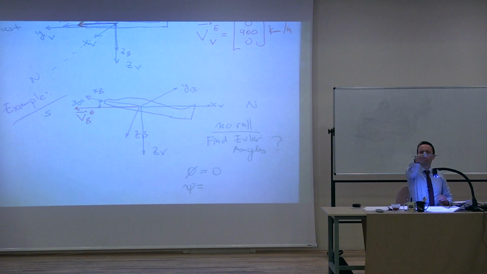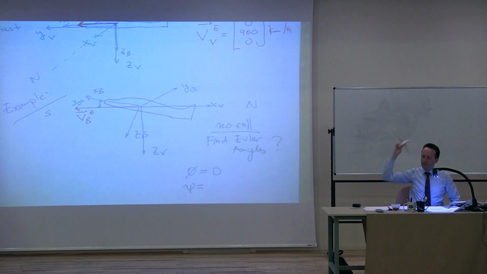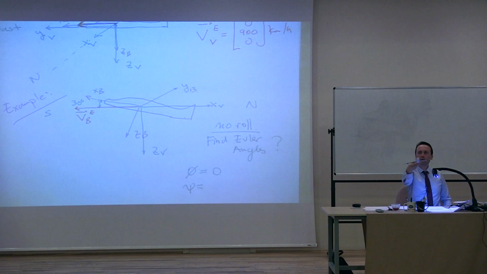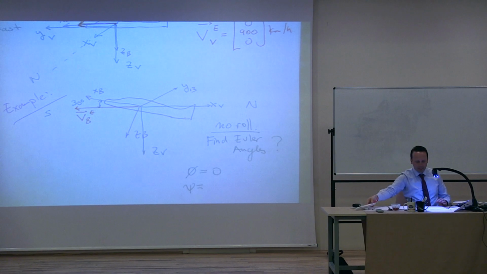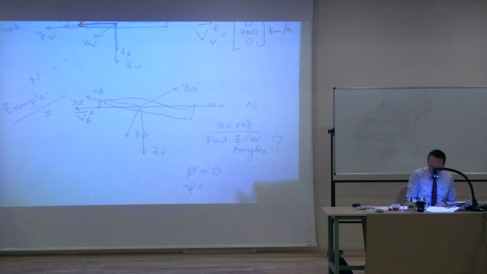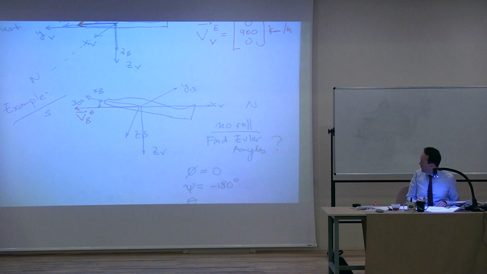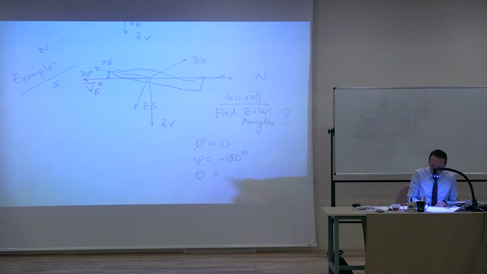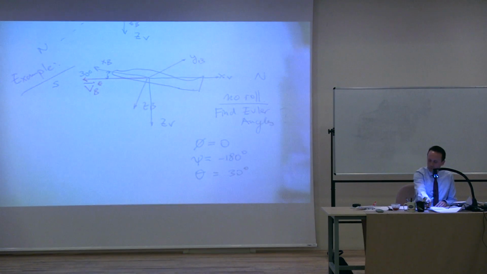This is north, the airplane is flying this way. Which way is psi? 180 degrees. So which way do you go? You go this way, 180 or minus 180? It really doesn't matter, but in flight mechanics we use minus 180, and I will tell you in a second. And therefore theta is immediately 30 degrees, I can tell you from this picture.